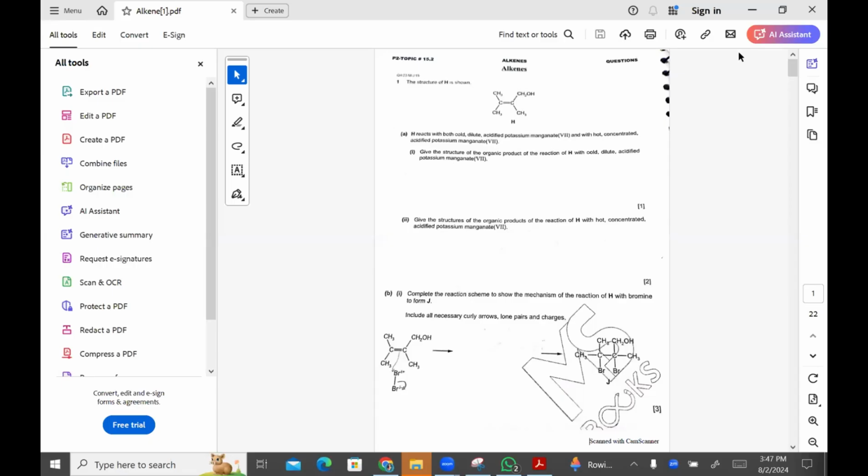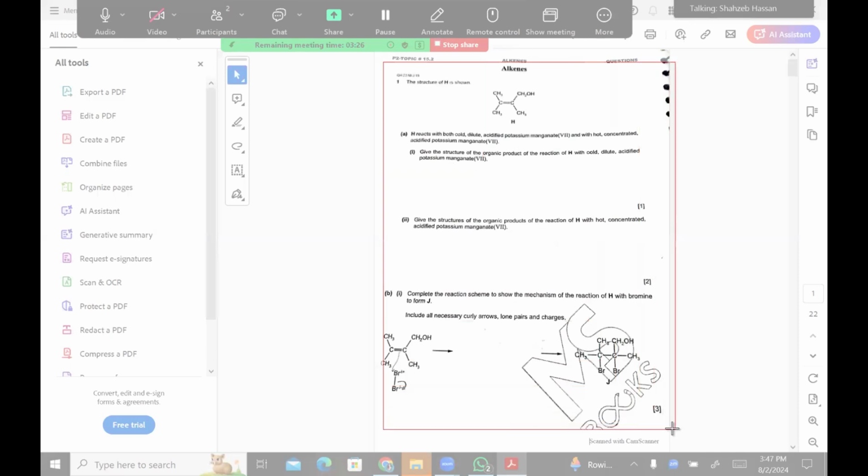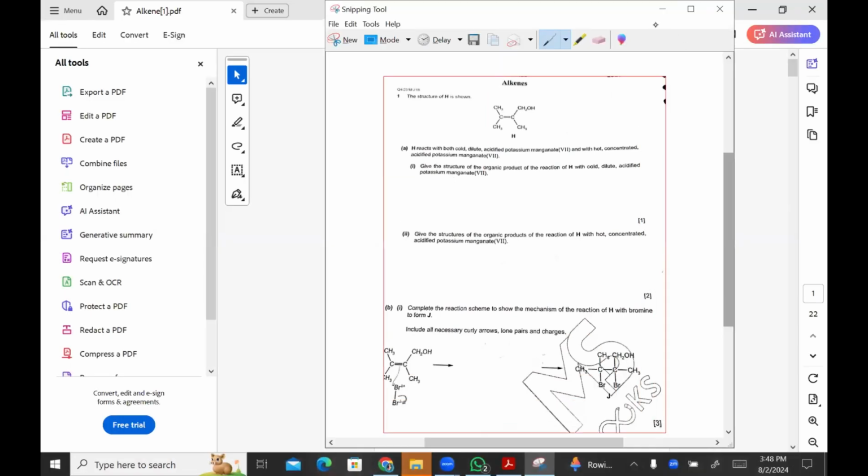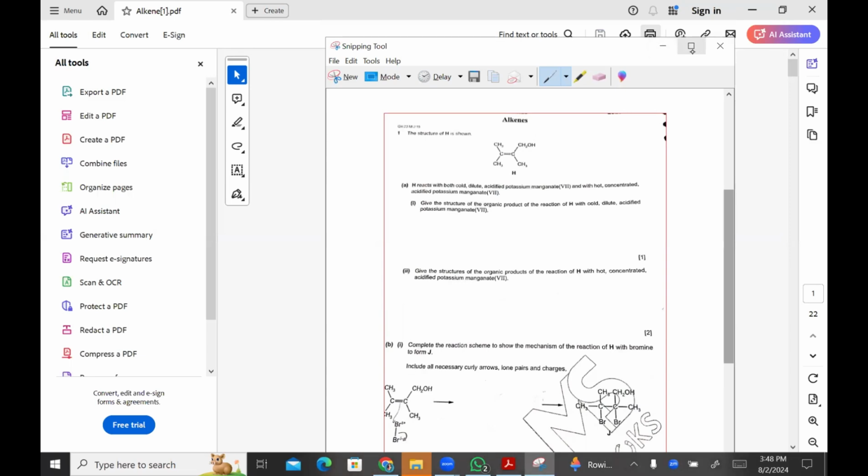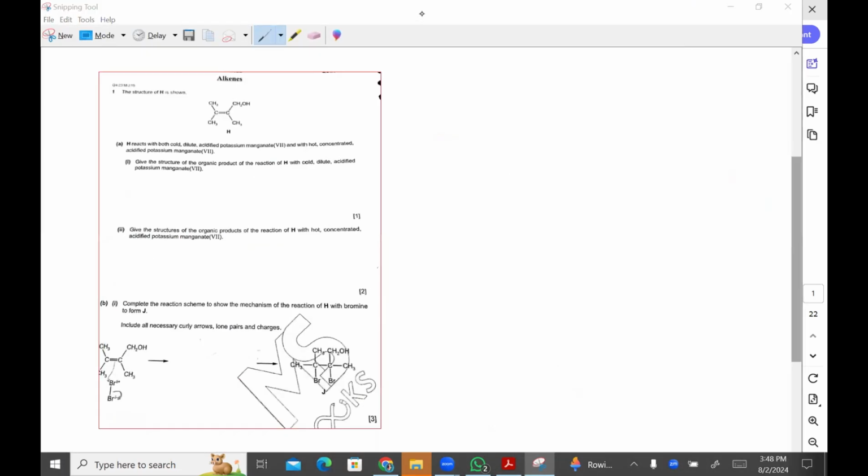Basically we have been given this molecule, H, and it reacts with cold acidified potassium manganate and with hot concentrated acidified potassium manganate. Give the structure of the organic product of the reaction with cold dilute acidified potassium manganate. Do you remember what I told you is going to happen with cold dilute acidified potassium manganate?